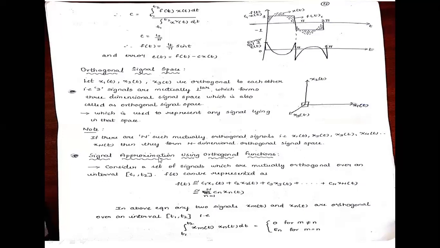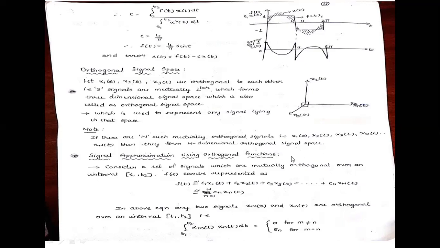Now coming to signal approximation using orthogonal functions. Here I am taking it not exactly, but approximately. How can we derive this expression, you can see. Consider a set of signals which are mutually orthogonal over an interval t1 to t2.